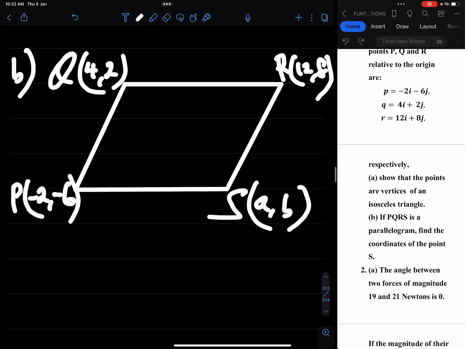Now we want to find the coordinates of S. We know that for a parallelogram, opposite sides are equal and parallel.